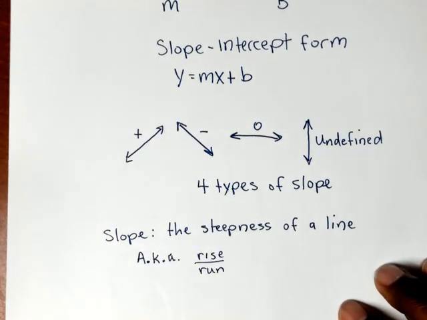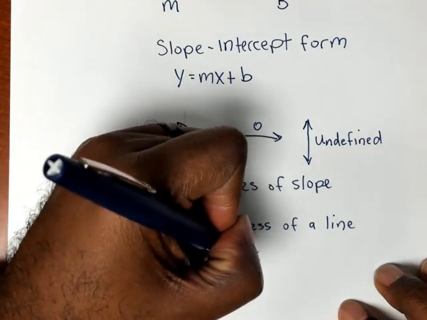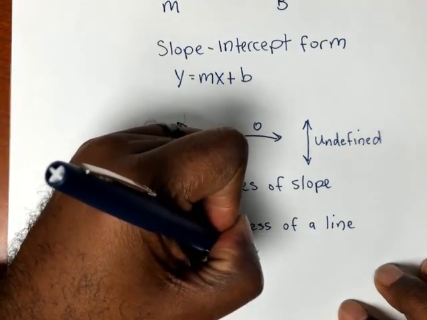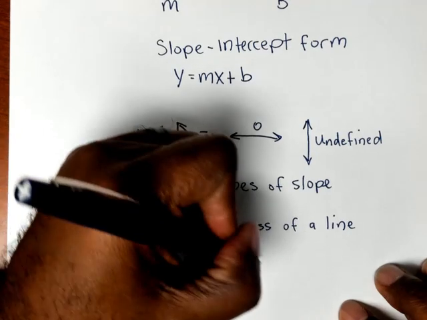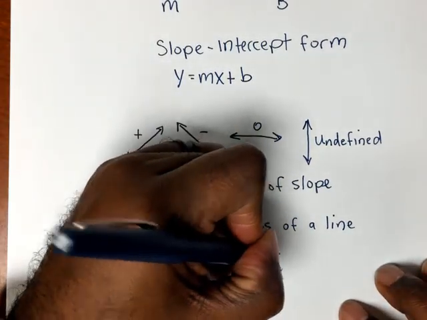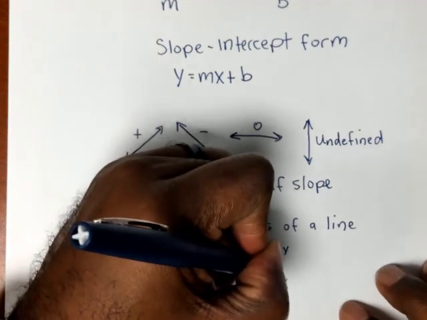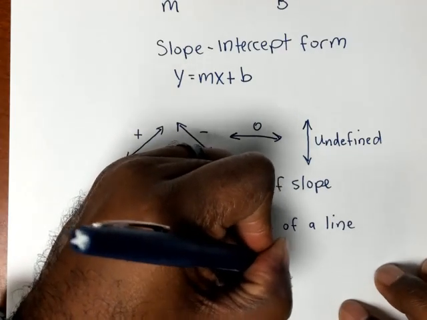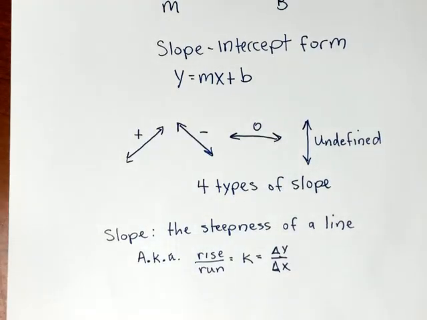It's also known as the constant of proportionality, or k. It's also known as delta y over delta x, which basically says the change in y over the change in x.